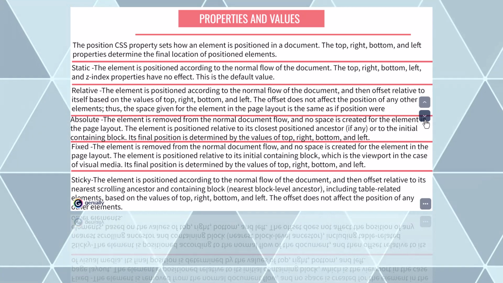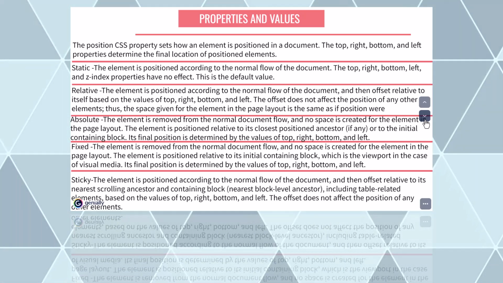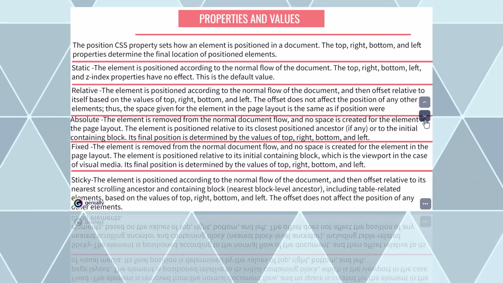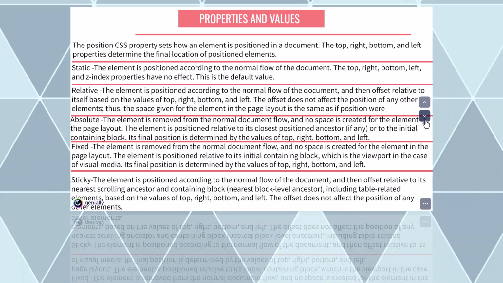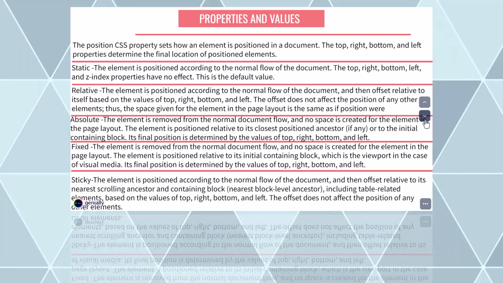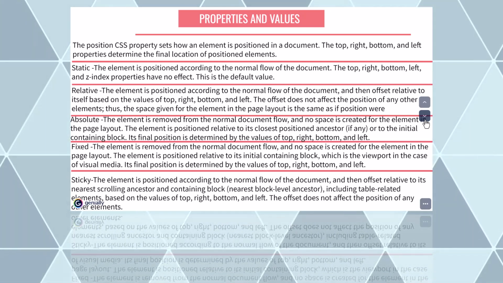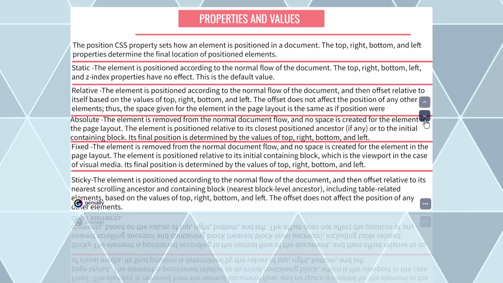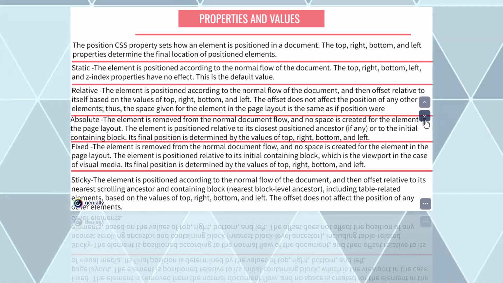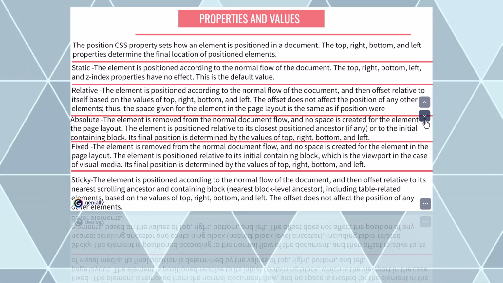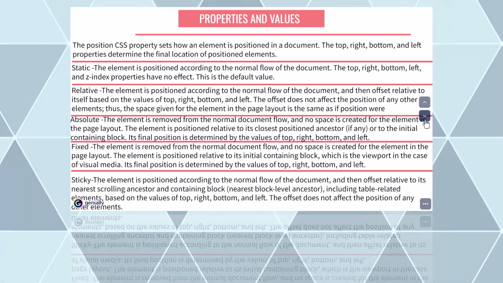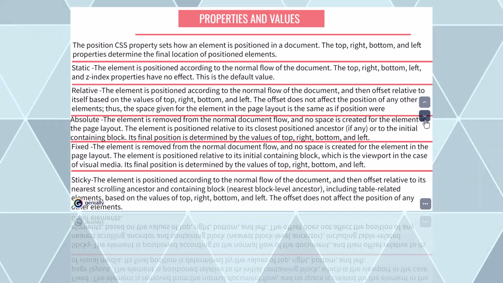Okay. Sister, can you explain what you read for us? With static, the element is positioned according to the normal flow. So if you have three blocks, for example, they will be positioned in the same flow of the document, and that's the default mode.